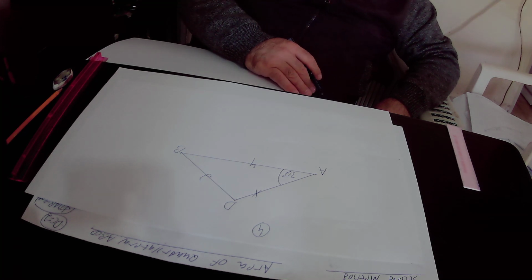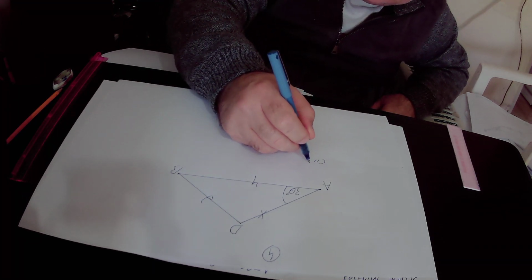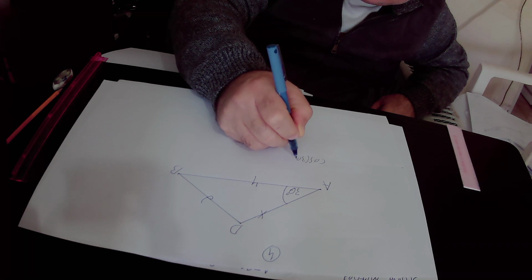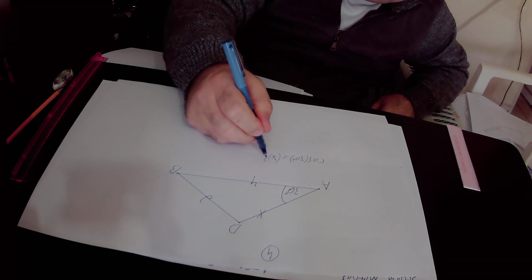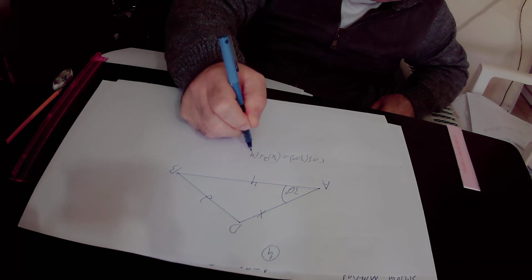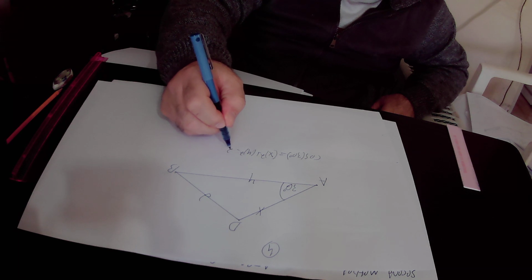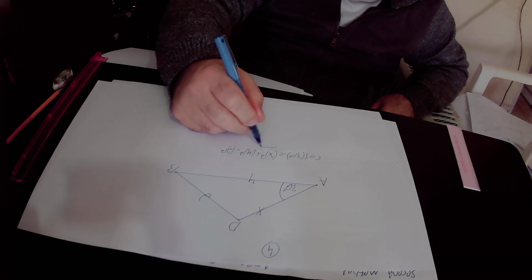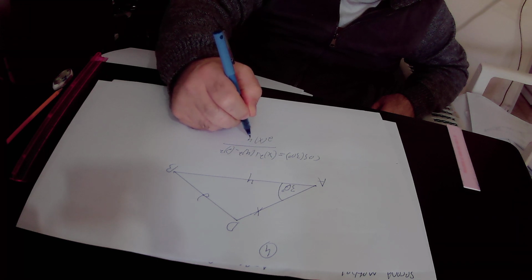And according to the law of cosines, we get that cosine 30 degrees equals x squared plus 4 squared minus 2 squared over 2 times x times 4.